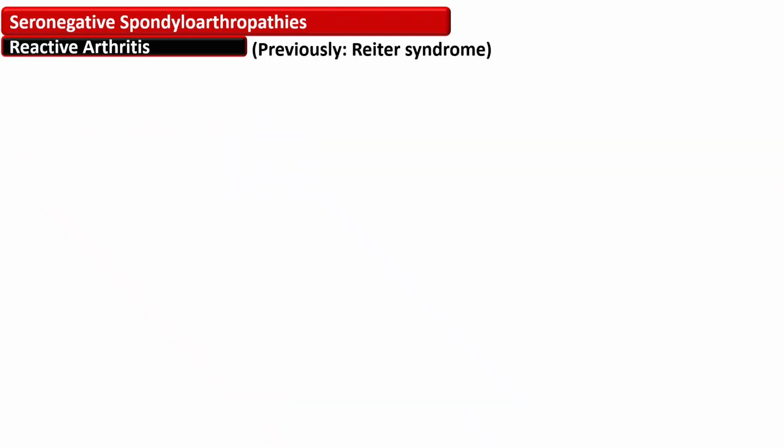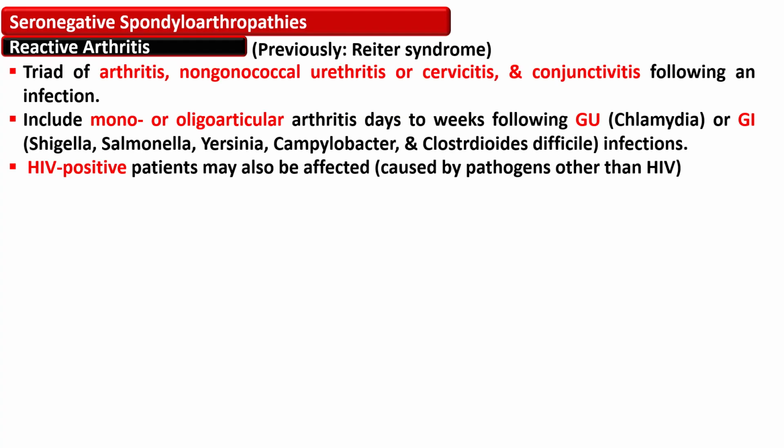Another member of this seronegative spondyloarthropathy group is reactive arthritis, which was previously termed Reiter's syndrome. This is the triad of arthritis, gonococcal urethritis or cervicitis, and conjunctivitis. Following an infection, the arthritis in this entity can be mono- or oligoarthritis, and it occurs days to weeks following a genitourinary or gastrointestinal infection.